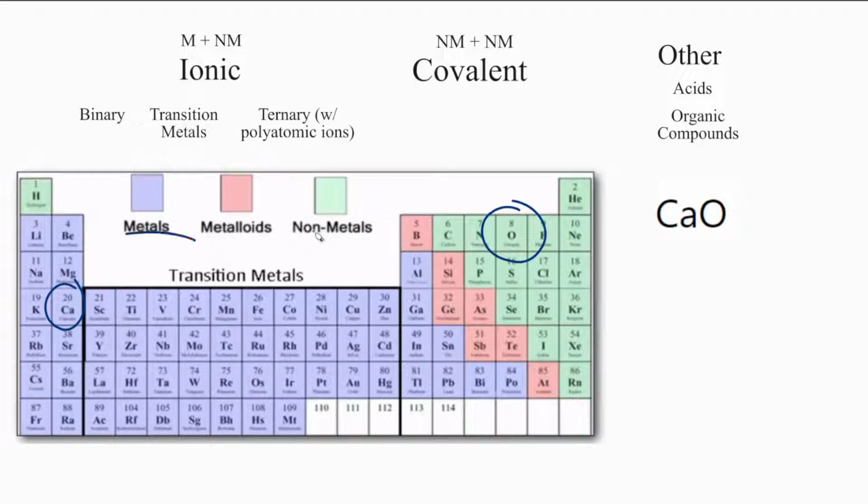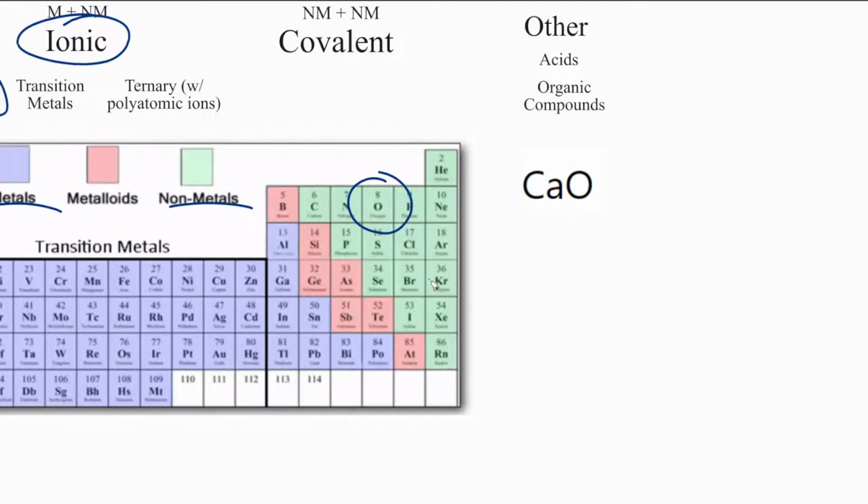So we've got a metal and a nonmetal. It's going to be ionic. And in this case, it's just 2 different elements. It's going to be a binary ionic. For these guys, it's pretty easy. All you do, name the metal like it's on the periodic table, calcium. Then name oxygen.